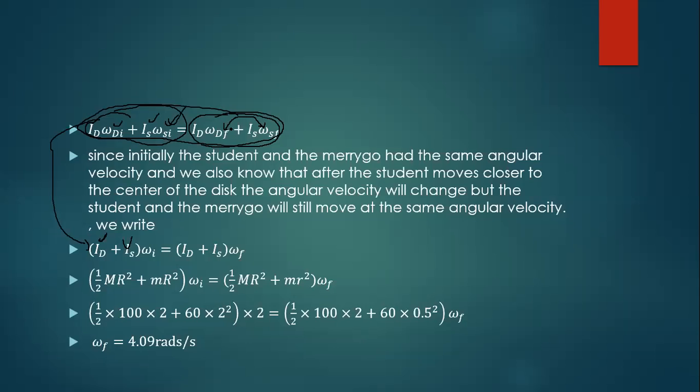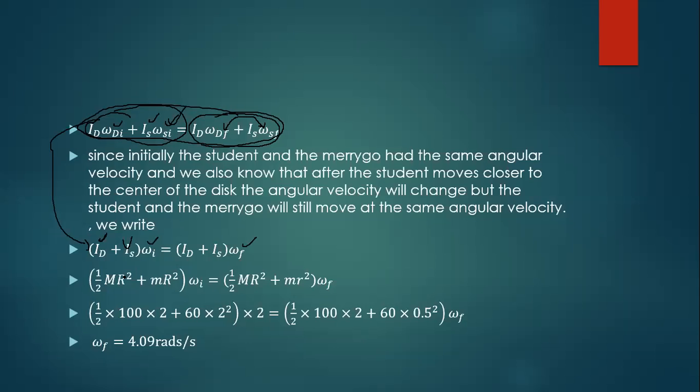The student and the disk are connected, so they will have the same angular velocity. Of course, the angular velocity will change from the initial to the final, that's why in the end we'll have final, and in the initial case, we had initial.